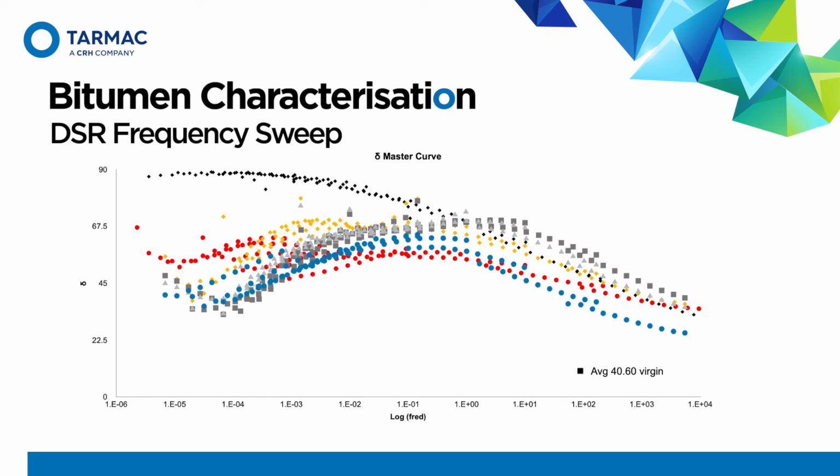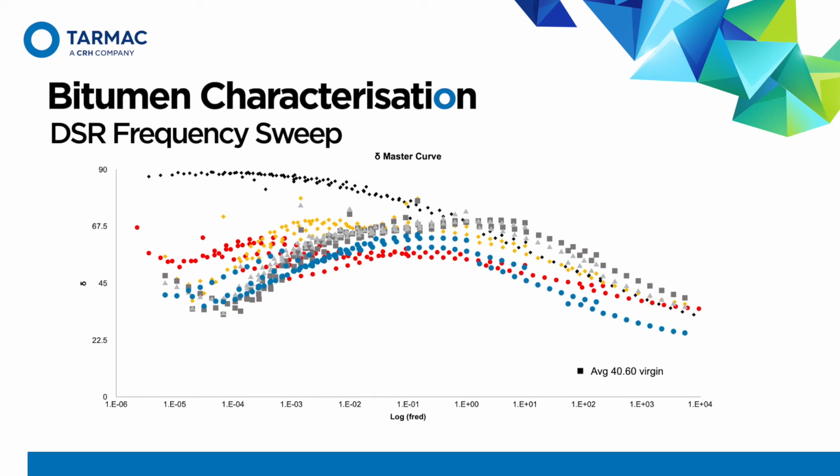The most important part here is that when the material is exposed to rutting or loading, it can recover quickly by being more elastic. So a 90 degree phase angle means that the material is totally viscous, 45 degrees is viscoelastic, and lower than 45 is more of an elastic material.